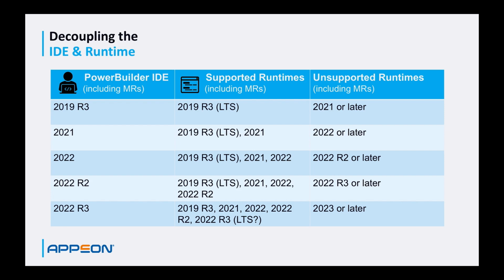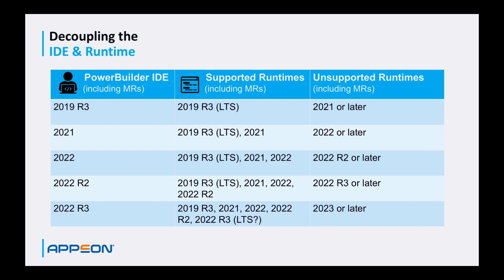So for example, when we get to PowerBuilder 2021, that IDE could deploy to not only the PowerBuilder 2021 runtime, but also to the 2019 R3, which is an LTS version.